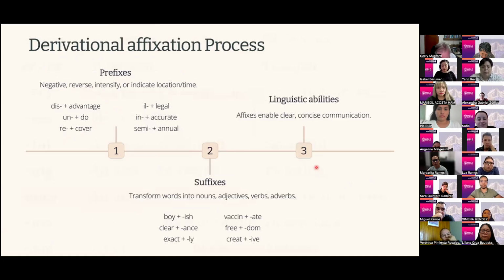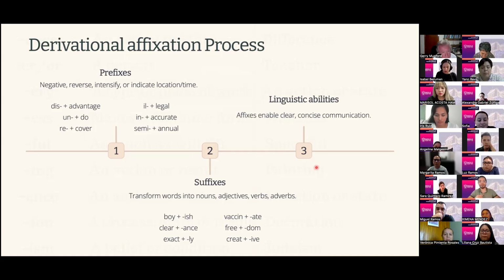And finally, we have the derivational affixation process. In this case, we have prefixes and suffixes. We have prefixes that help us to make the negative, reverse, intensify, etc. And we have some examples like disadvantage, undo, recover. They change the meaning of the root word.